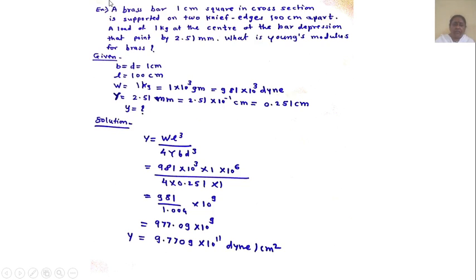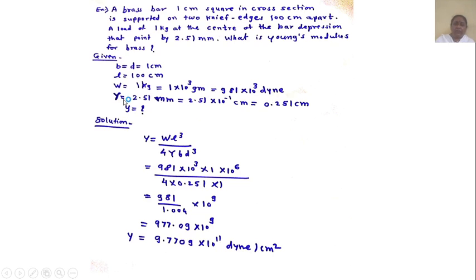Now here, a brass bar having b, that is breadth, and d, that is depth, equal to 1 centimeter and L equal to 100 centimeter. W is equal to 1 kg, that is 1 into 10 raised to 3 gram, that is W equal to 981 into 10 raised to 3 dyne.